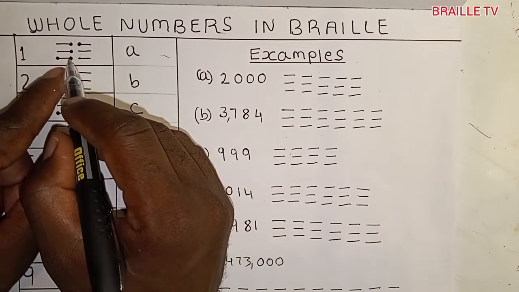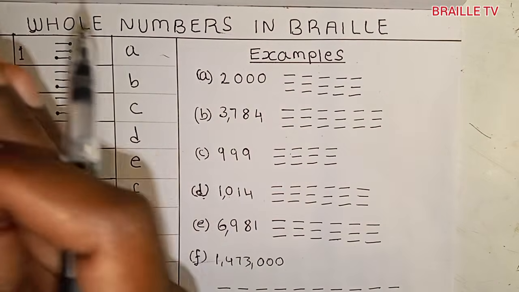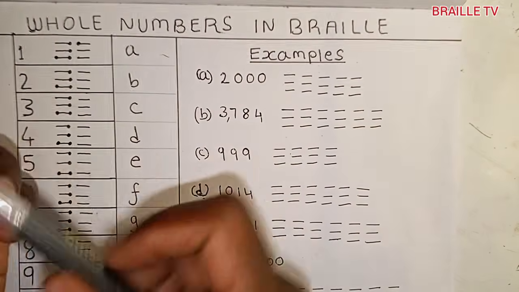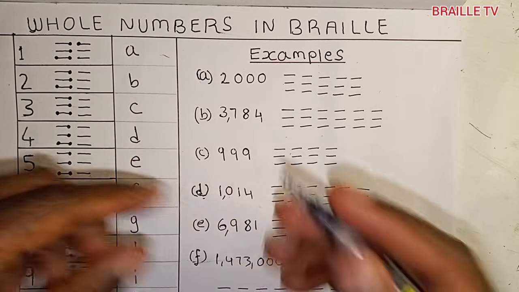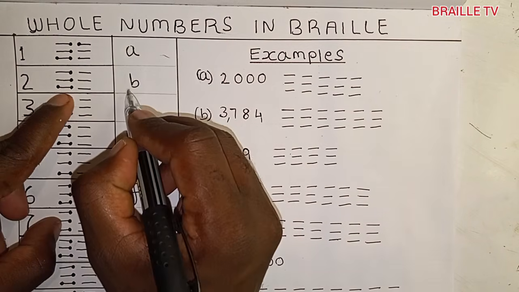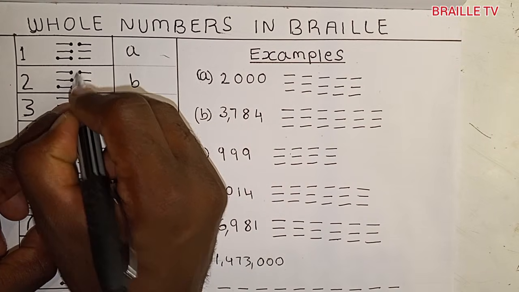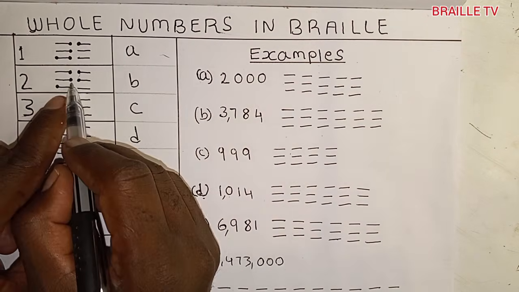So a numeral sign converts letters into numbers, but those letters must be between A and J. So 2 is written as B. Okay? So you write numeral sign B without leaving a space in between.